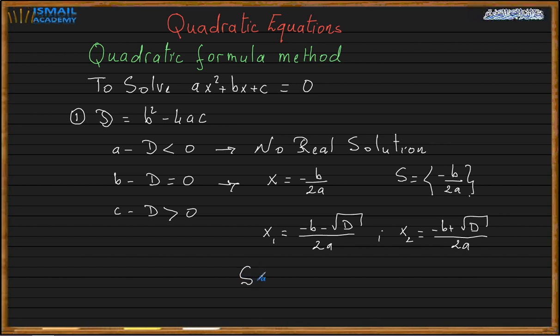So your solution will be the following: minus b minus square root of the discriminant over 2a, and minus b plus square root of the discriminant over 2a. That's the main concept and the main idea. That's all. Let me do some examples.